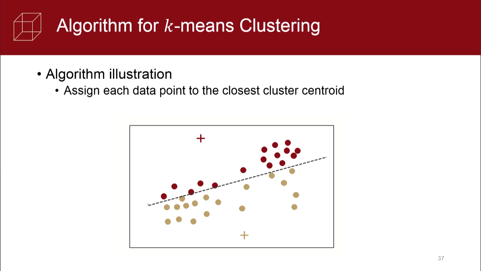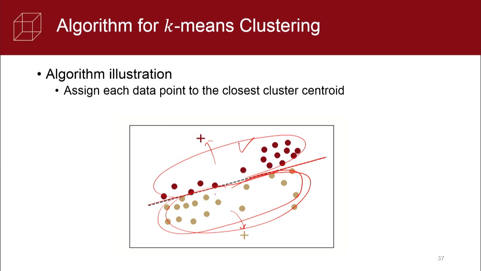You can virtually draw a line, and everything on this side of the line is closer to the red centroid, and everything on the other side is closer to the yellow. That means all the data points on this side are assigned to the red centroid, and all the data points on this side are assigned to the yellow centroid.